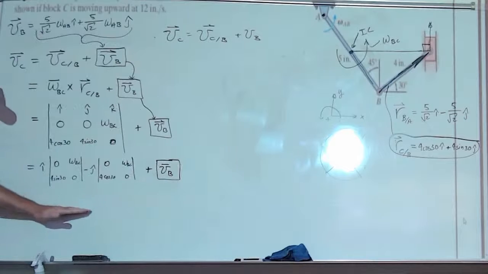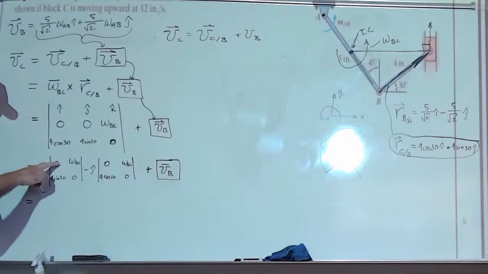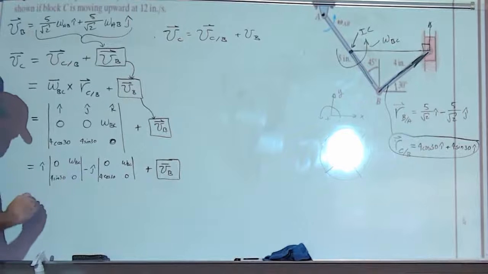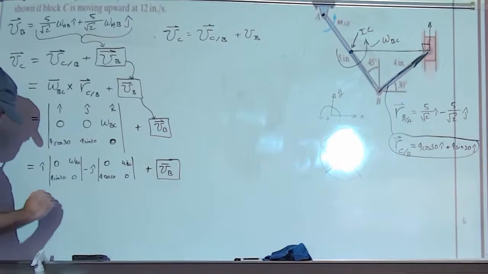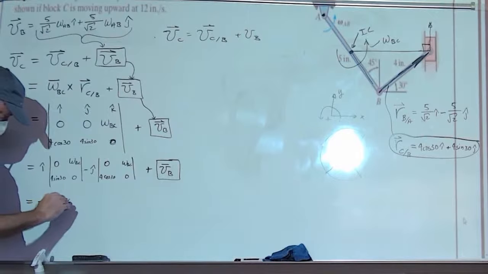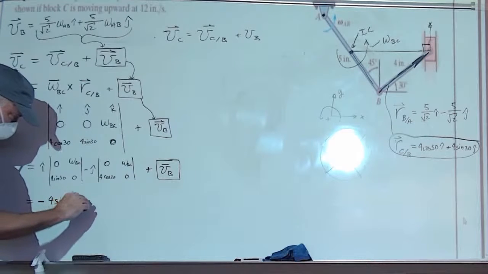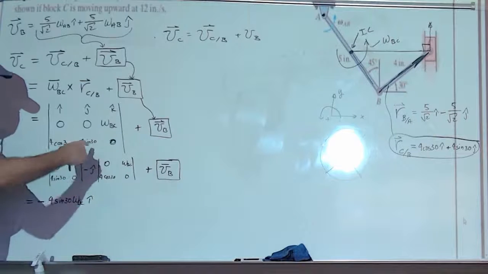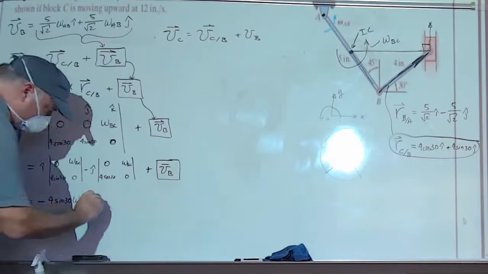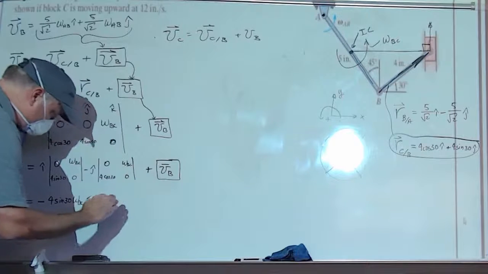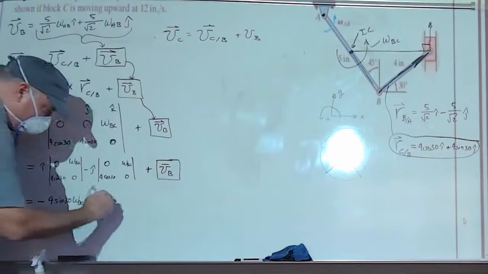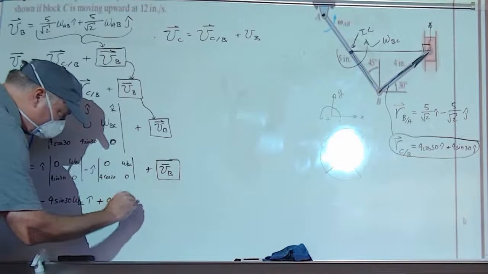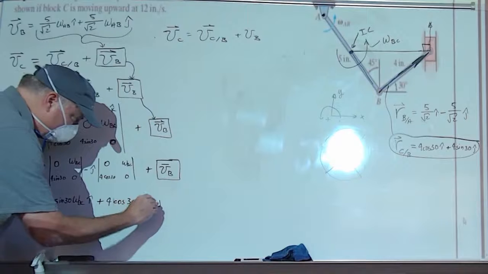I'm obviously going to have to copy it back up here and do it again, because we get minus 4 sine 30 omega BC i, and that minus that, a minus gives me a plus, 4 cosine 30 omega BC j.